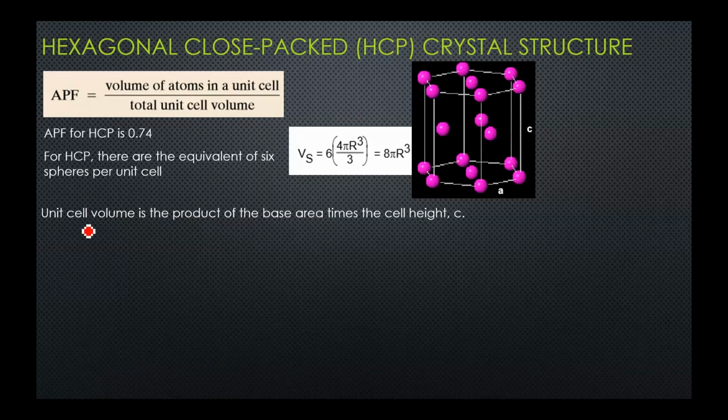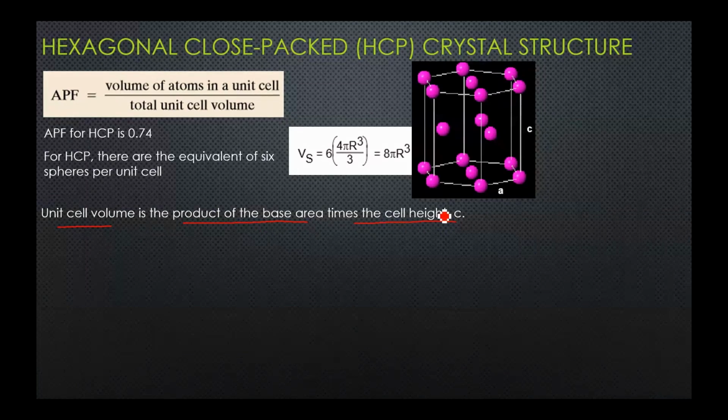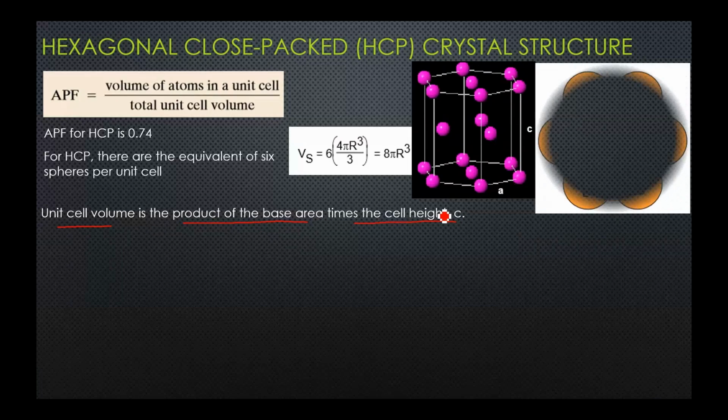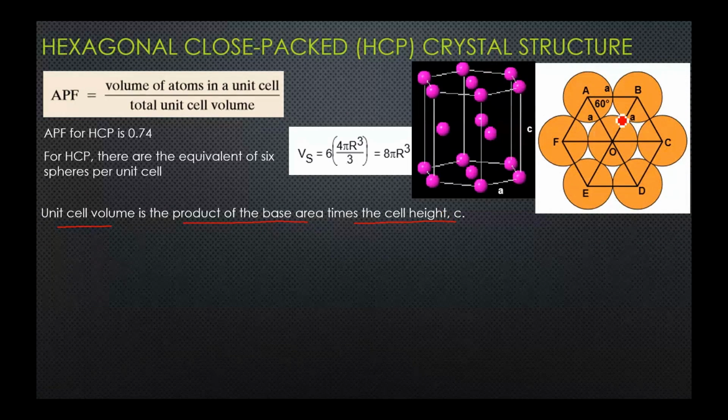The unit cell volume is the product of the base area multiplied by the cell height, which is C. Let's try to find the basal area. This is essentially the basal area where you have 1, 2, 3, 4, 5, 6 corner atoms surrounding the face centered atom.